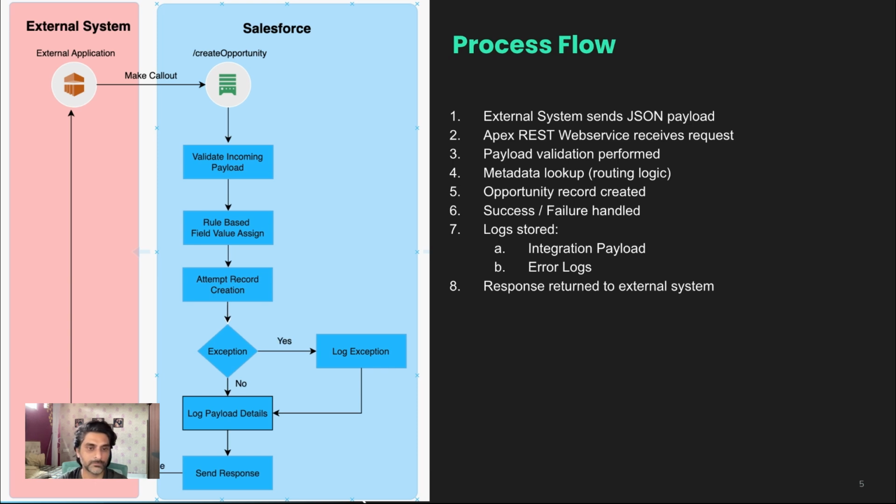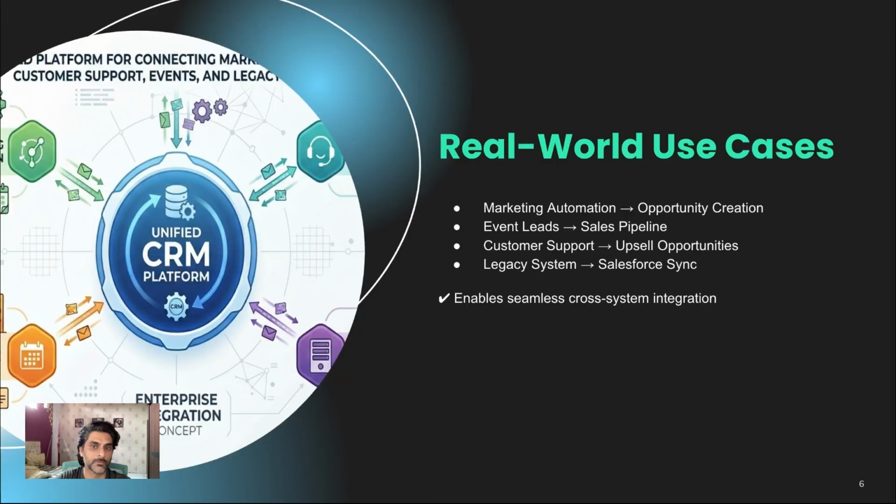Whether or not exceptions occurred, we capture the log details on the log payload details object. Then based on the success or failure of the record creation, we send the respective response back to the external system. So that's the high-level flow of how it works.